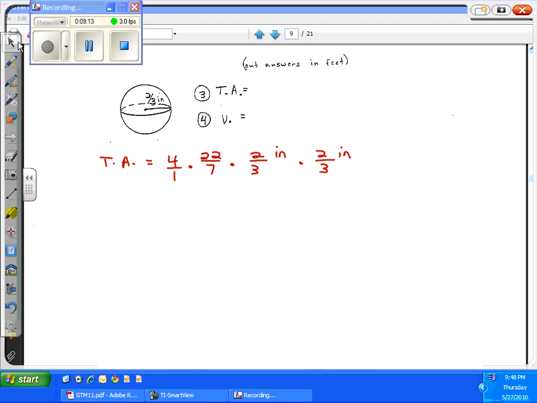We're going to put the unit of measure in there. So we're going to multiply all the numerators and divide by all the denominators. We're going to have 4 times 22 times 2 times 2, divide 7, divide 3, divide 3.